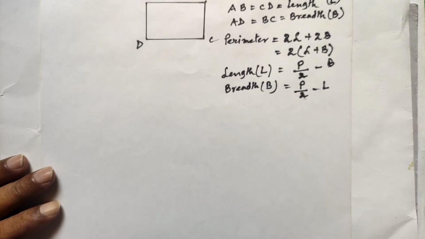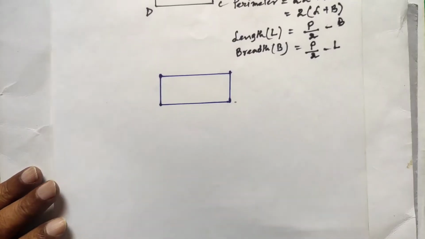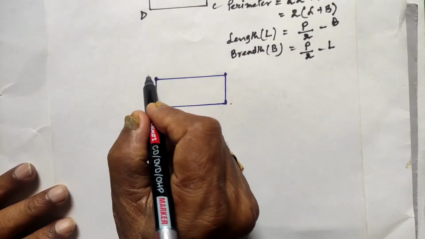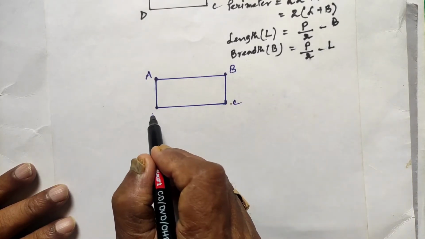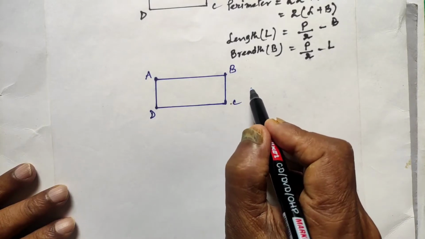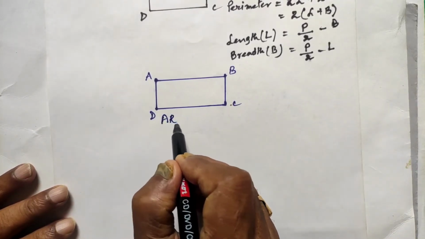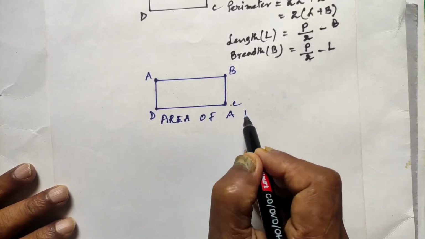Now I am going to talk about the area of a rectangle. Here I have drawn the rectangle, that is A, B, C, D, and we are finding the area of a rectangle.